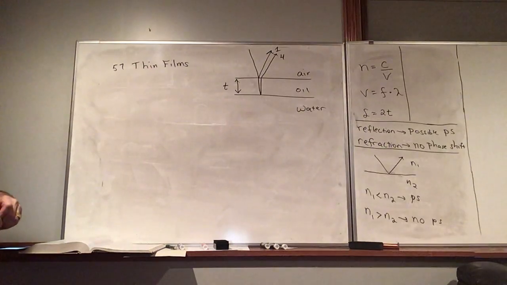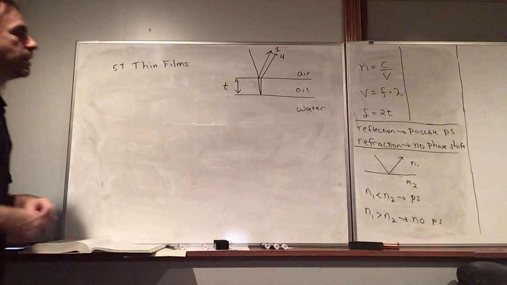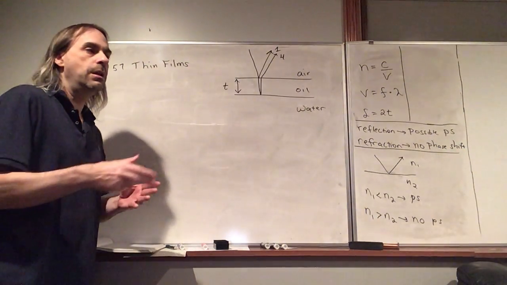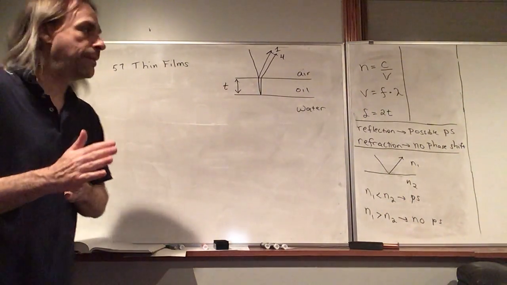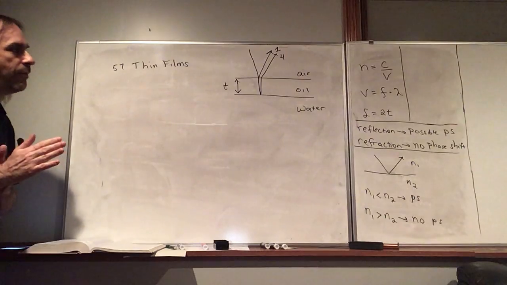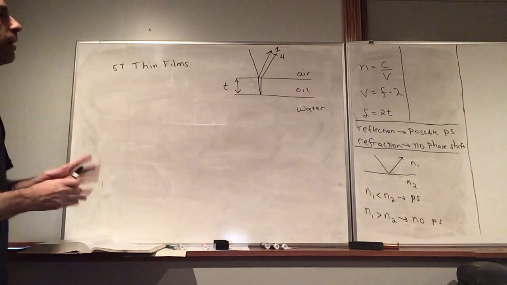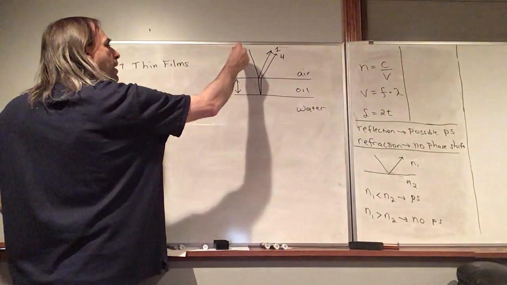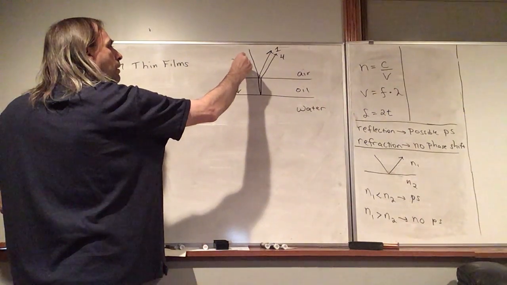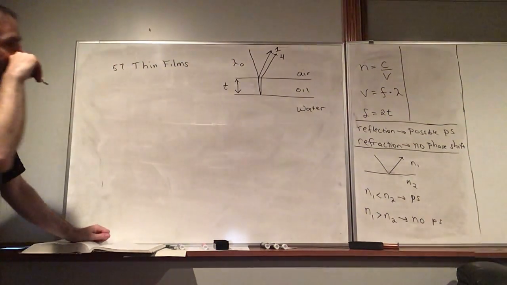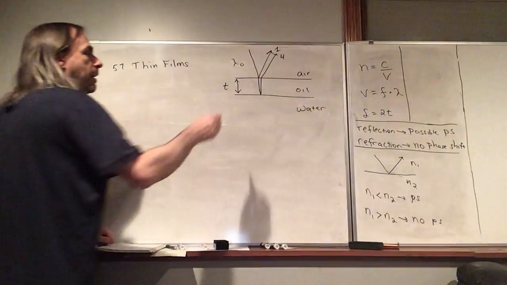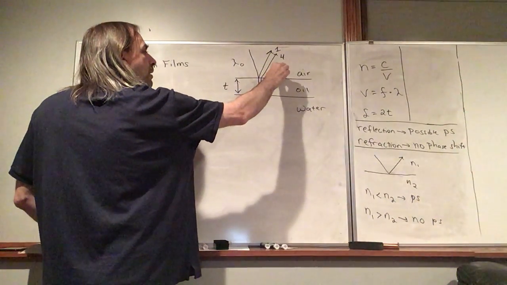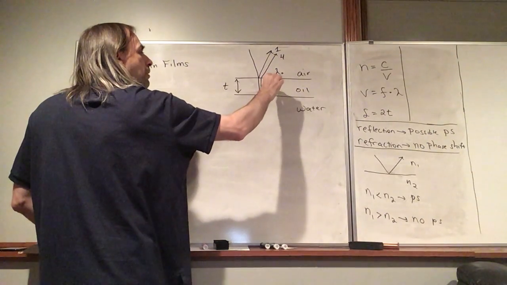Those are the extreme cases with constructive and destructive interference. It depends on the wavelength. However, we have different wavelengths to deal with here. Let's say the light has a wavelength, we'll call it lambda naught, which is the wavelength in a vacuum, and I'll write that here so there's room.